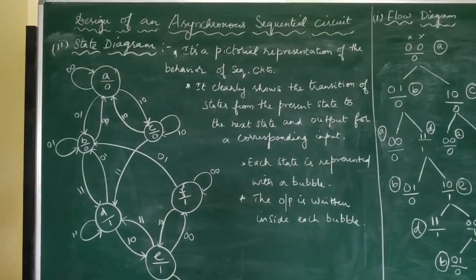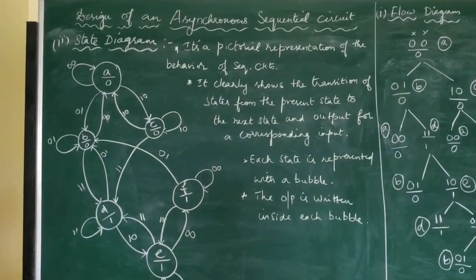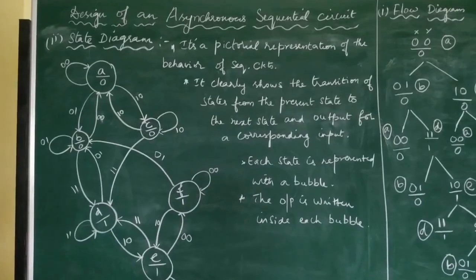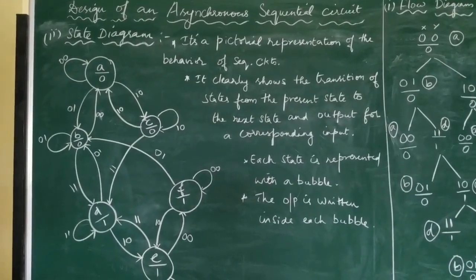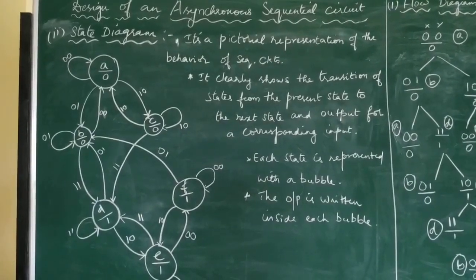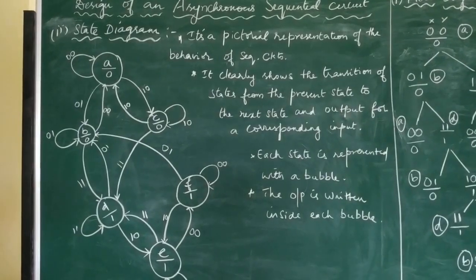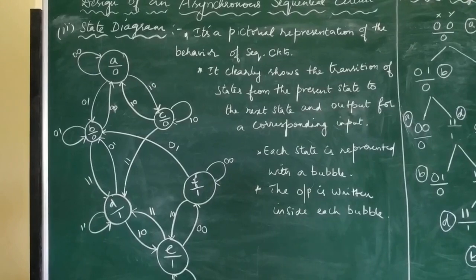In the state diagram, I have given a small write-up for your understanding before we draw it. The state diagram is a pictorial representation of the behavior of sequential circuits. The state diagram gives us clear information about the transition of states from the present state to the next state, and also the outputs for the corresponding input.